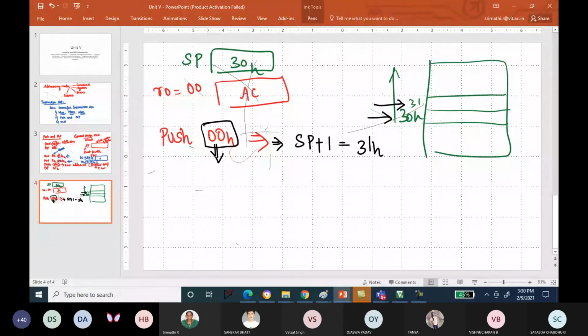What is available in the memory location 00H? AC. So after executing this push 00H, what will be available in 31H?